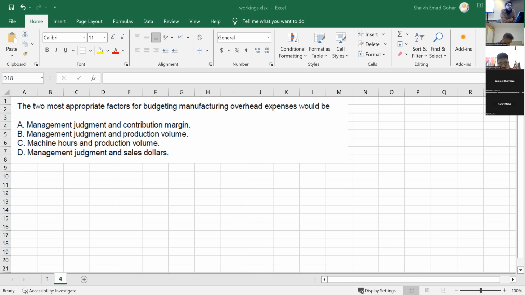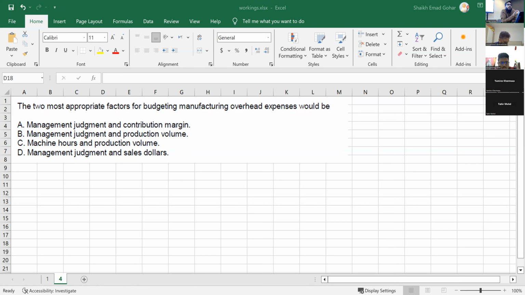Do you remember overhead allocation? Do you remember absorption costing? Do you remember ABC costing? What is absorption costing? We have a single driver, meaning the base on which we will absorb the overhead.